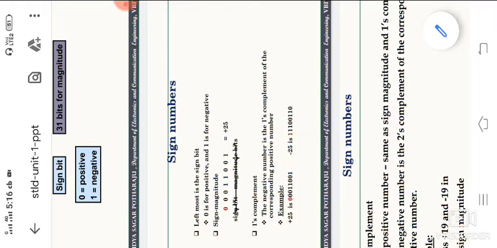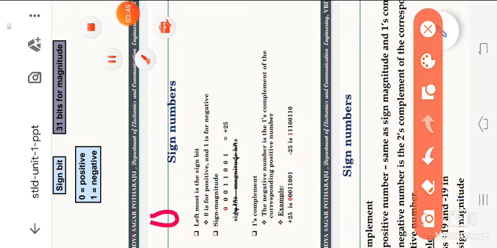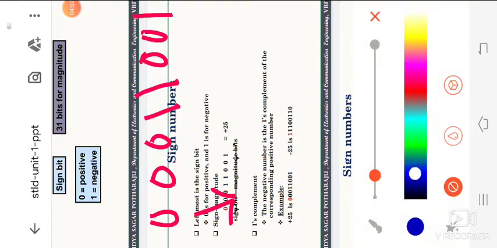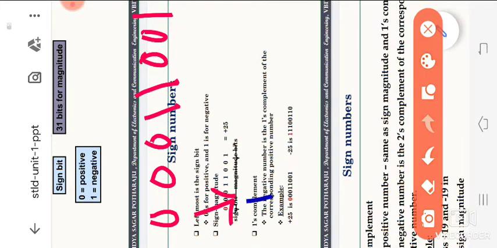So like that, this is how we apply the ones complement. Ones complement: this is our problem 0 0 0 1 1 0 0 1. We are applying ones complement to this positive value, and here we get the negative value, because 0 will be replaced by 1 and 1 will be replaced by 0.